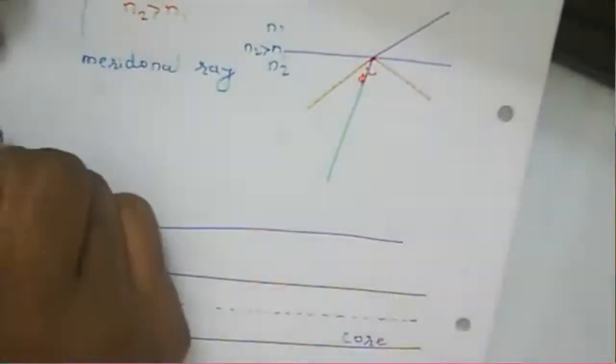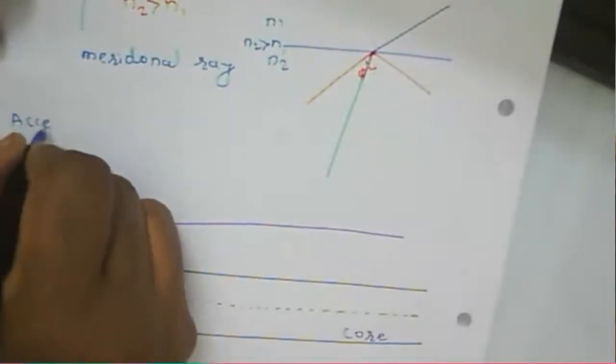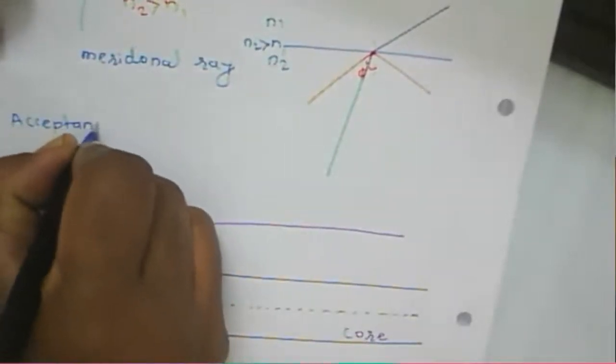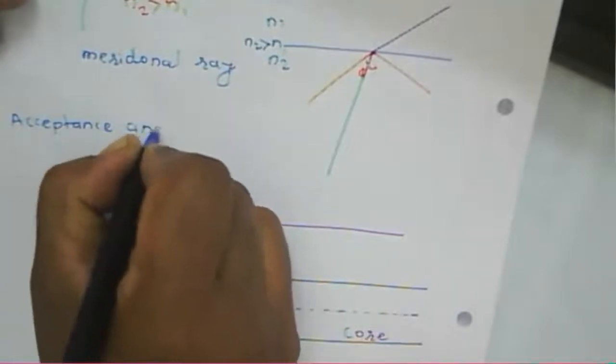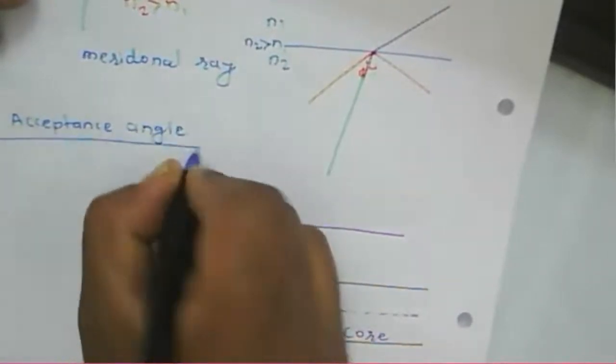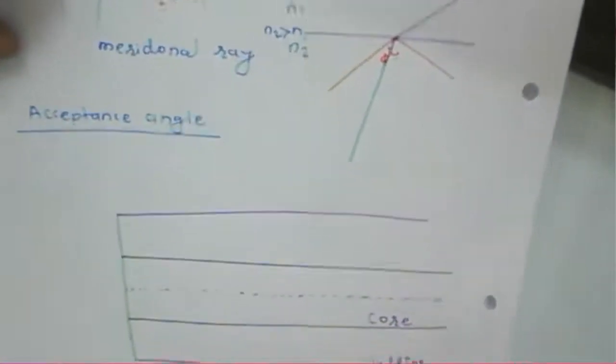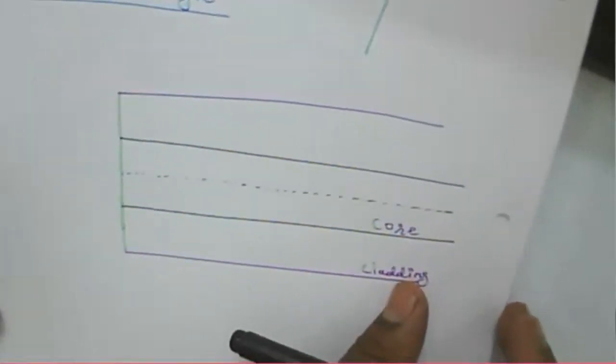Now light is launched inside the fiber here. Our aim is to study the acceptance angle. What do we mean by this acceptance angle? That we are going to study here.